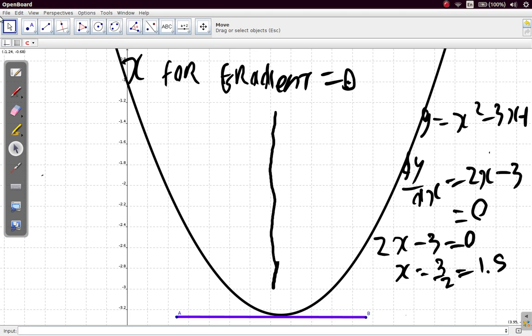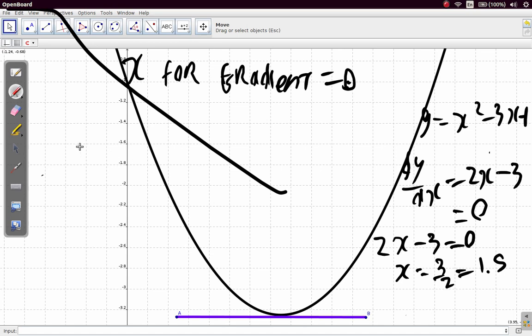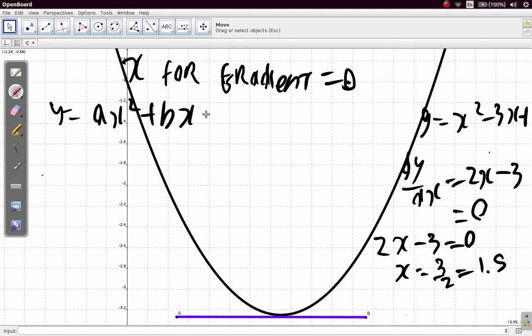Now, let's do one more thing. The general form of a quadratic function, oh no, I got this line through here by accident. Okay, the general form of a quadratic function, y equals, or you could put f of x equals ax squared plus bx plus c. Now, at the minimum value, or it could be the maximum value, the gradient is 0.